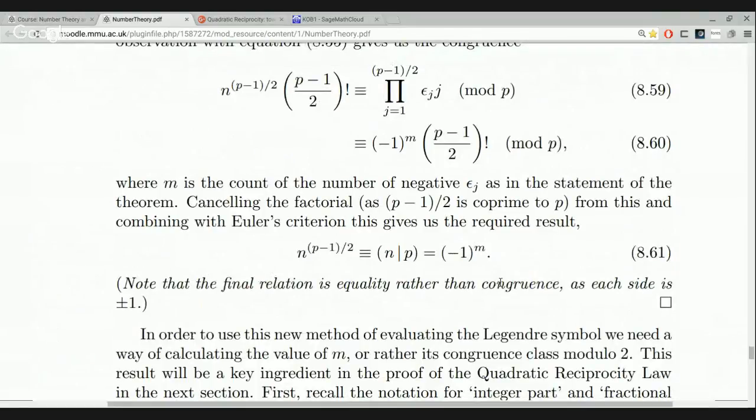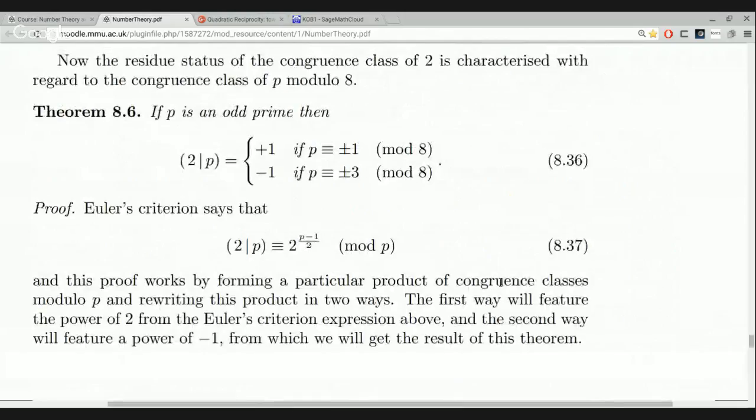But you should definitely see that the techniques and the ideas we were using there were very much the ones that we used in the proof of the result for 2 modulo p. Very similar ideas being used. So it's kind of a generalization of the argument that we used for 2 mod p.